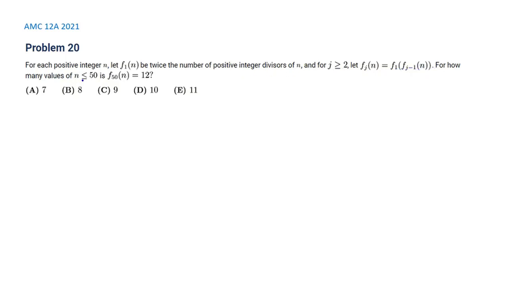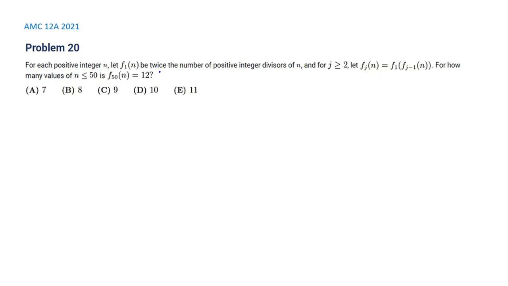For how many values of n less than or equal to 50 is f50 of n equal to 12? It is from the American Mathematics Competition for recent years, 2021, 12A. But we will solve it exactly with the idea that we use for junior SMO.